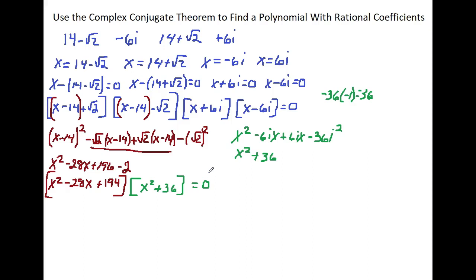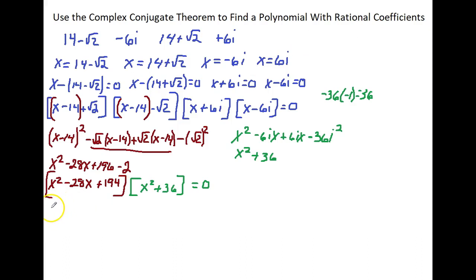Now, the way to multiply these is you just take this first term times everything in the green set of brackets. And then the second term times everything in this green set. And the third term times everything in the green set. So let's change colors and we'll use, how about purple?